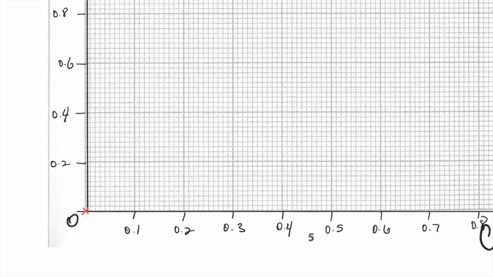If we look at the space on the y-axis, the voltage axis, we'll see that from here to here, 0.4 to 0.6, that's a span of 0.2, and there are 10 boxes here: 1, 2, 3, 4, 5, 6, 7, 8, 9, 10.